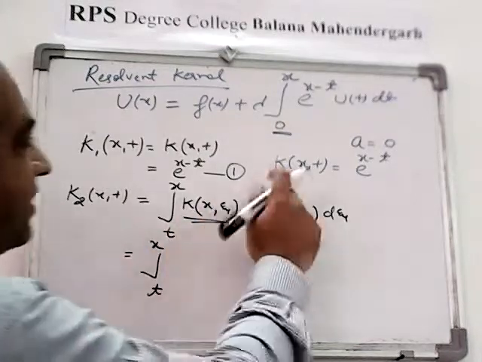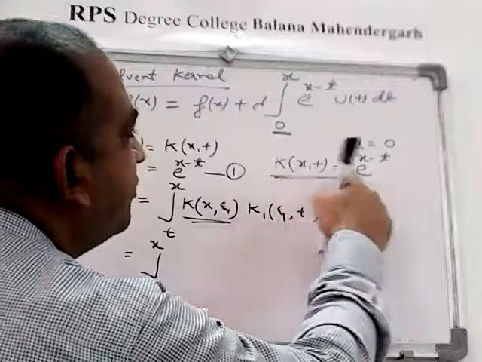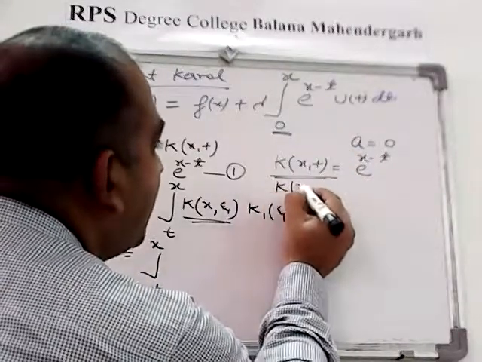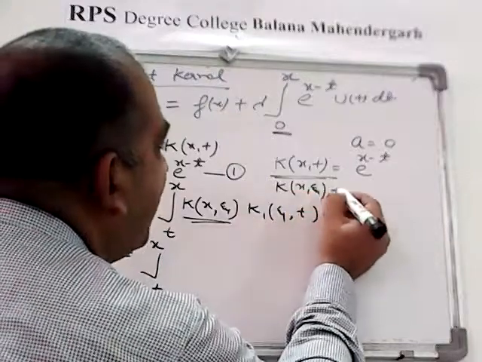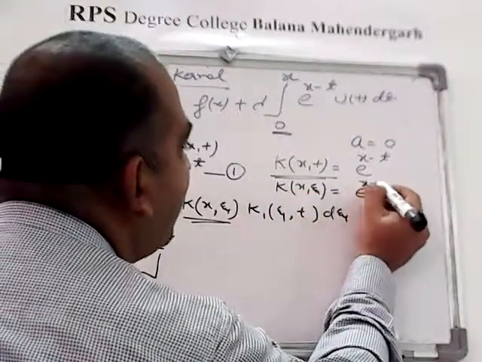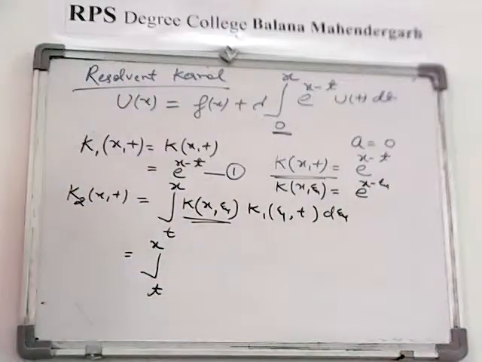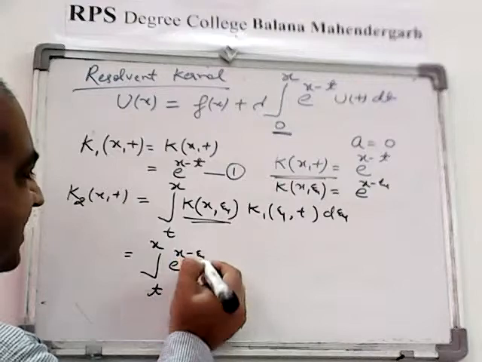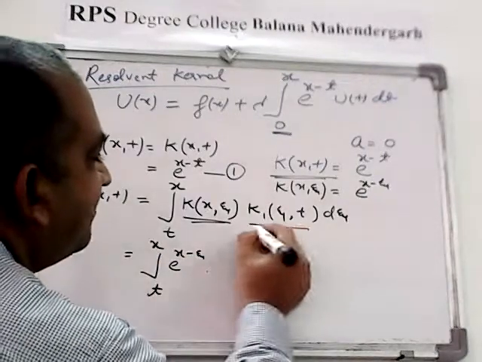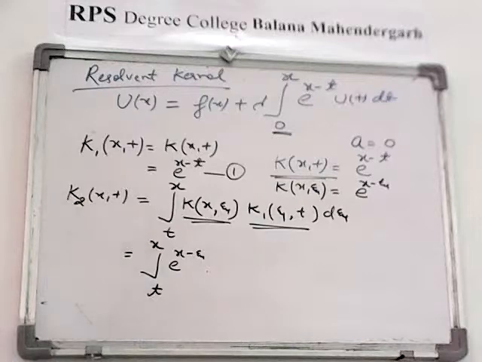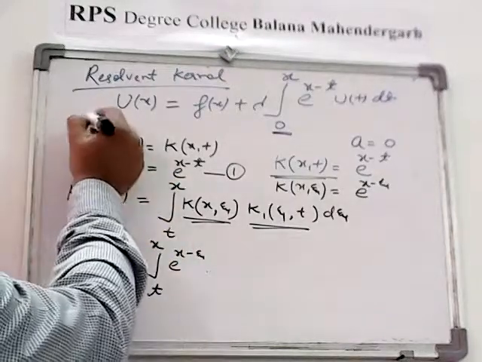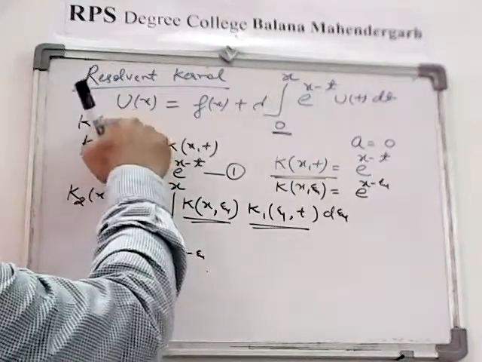So this value is given by k of x comma t is equal to e raised to power x minus t. So k of x comma xi will be equal to e raised to power x minus xi. Into that, we have to insert the value of k1 xi comma t, as k1 x comma t is equal to this.